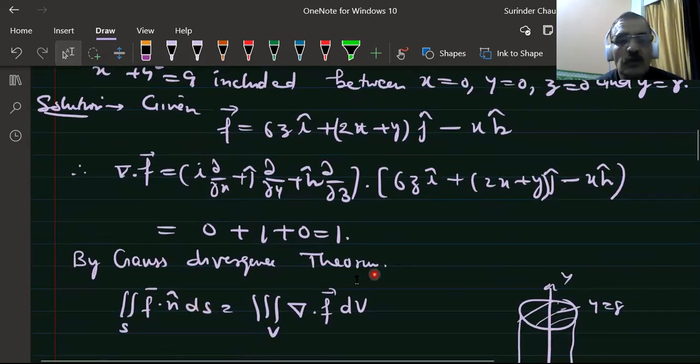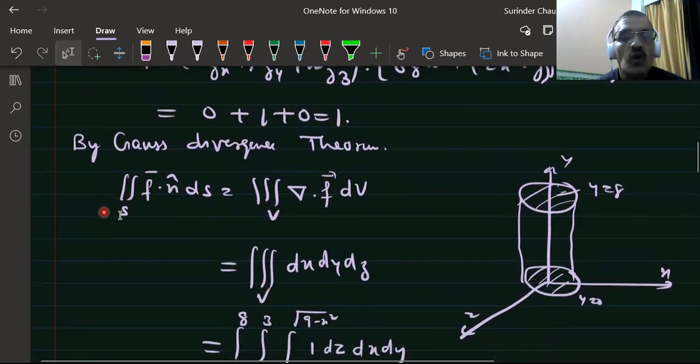So by the Gauss divergence theorem, the surface integral of F dot n ds is equal to the volume integral of divergence of F dV. Divergence of F comes out to 1. We have converted the whole volume into small cuboids of length, breadth, and height, dx dy dz.